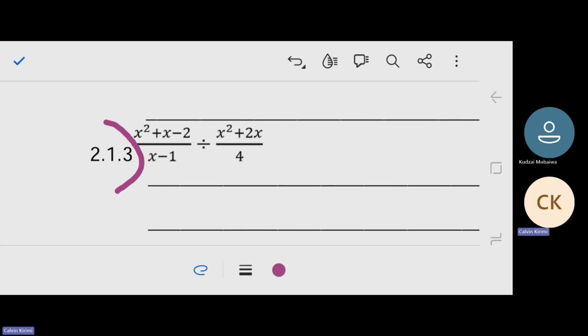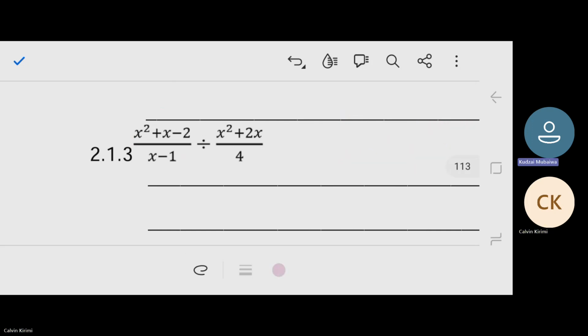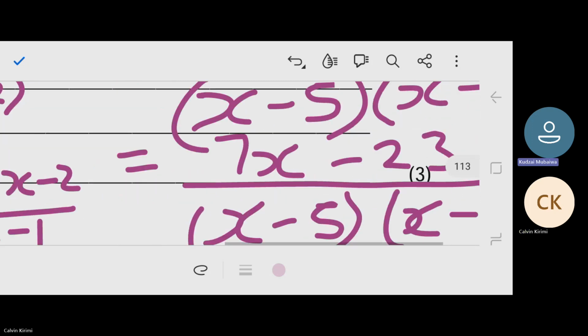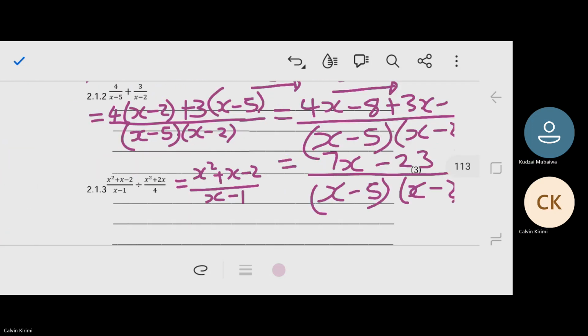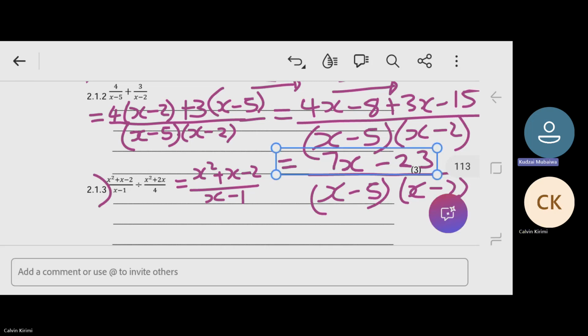So in other words, this is the same as x squared plus x squared, x minus 2 over x minus 1, over x minus 1. You have to now multiply. Where there is division, we are supposed to multiply now.